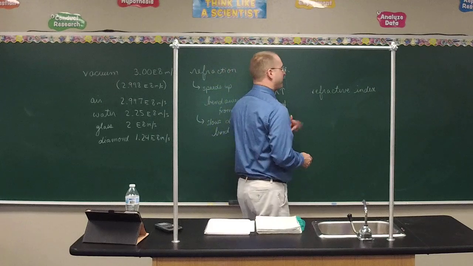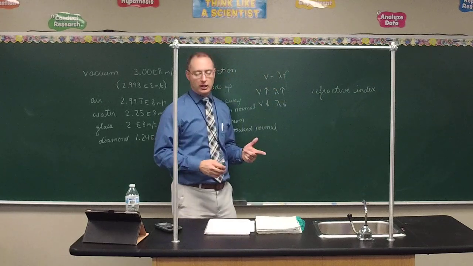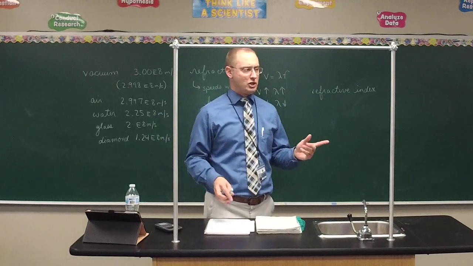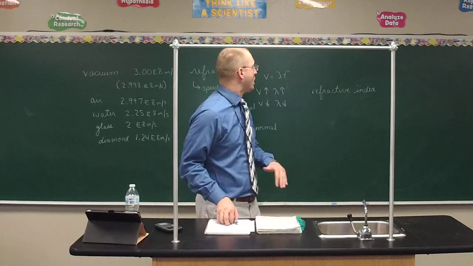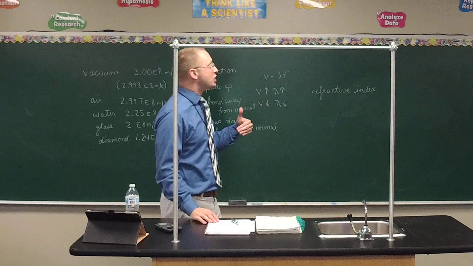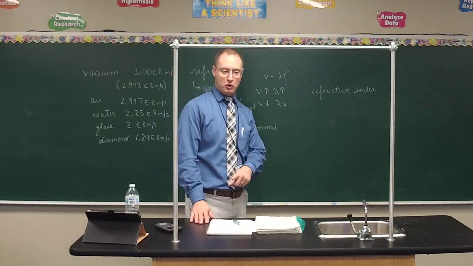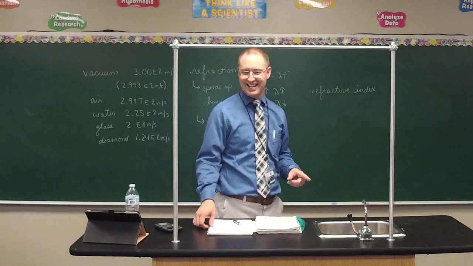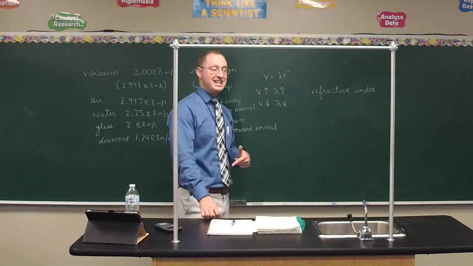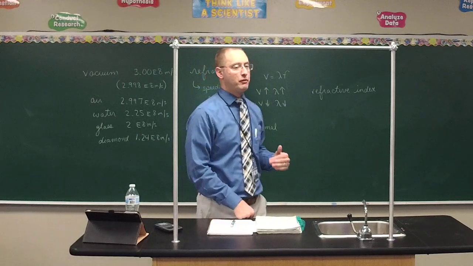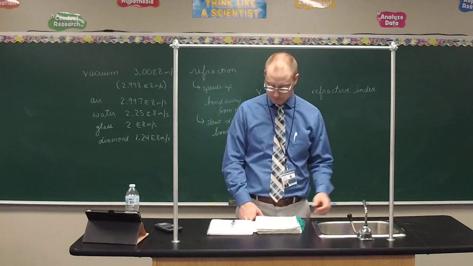Refractive index is defined as the ratio of speed of light, though we're going to compare everything to the constant, right? The standard. And the standard is a vacuum. So a refractive index then is the ratio of the speed of light in a vacuum, which again, it's not that different from the speed of light in air, I get it. But the ratio of the speed of light in a vacuum to the speed of light in some other medium.